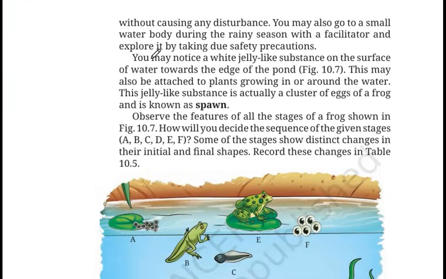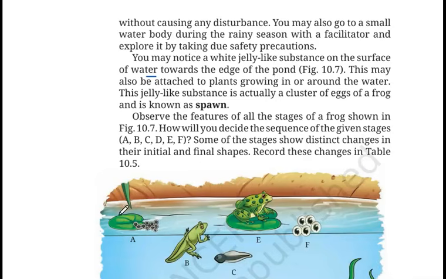So what do they see? They see a white jelly-like substance on the surface of water towards the edge of the pond. You see here, this is the lotus leaf, and on the leaf of the lotus you see some white jelly-like substance. This may also be attached to plants growing in or around water.